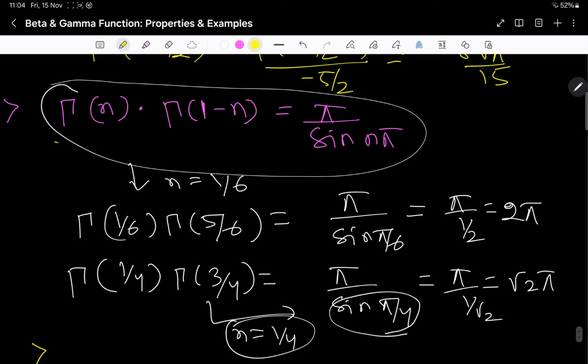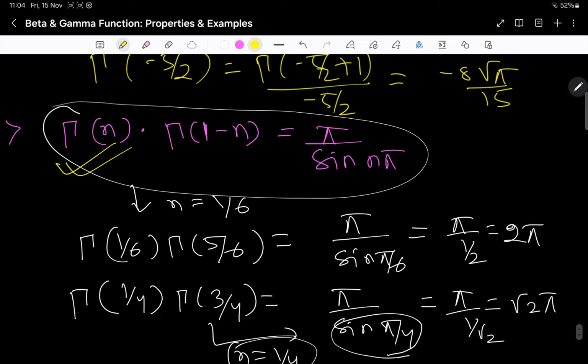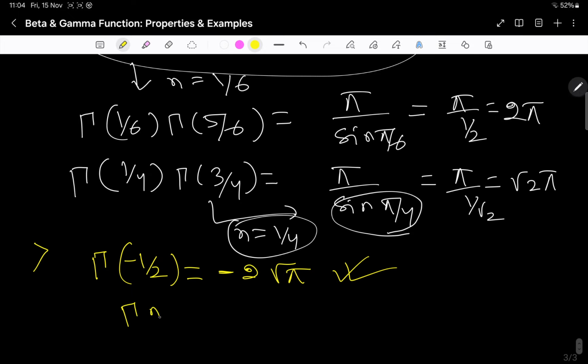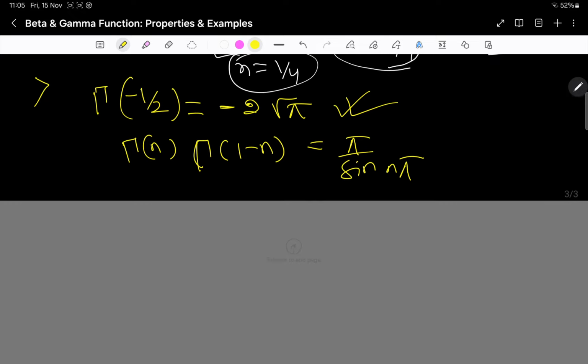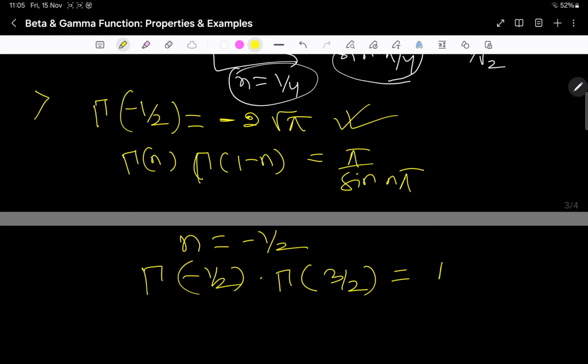Now let us use it to see whether gamma of minus half, as you already proved, is minus 2 root pi. Whether this formula will give you this or not: gamma n into gamma 1 minus n is pi by sine n pi. If I substitute n is equal to minus half, then it is gamma of minus half into gamma of 1 plus half, 3 by 2, equals pi by sine of minus pi by 2.